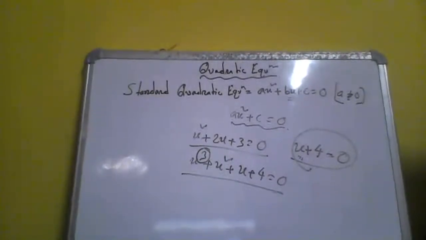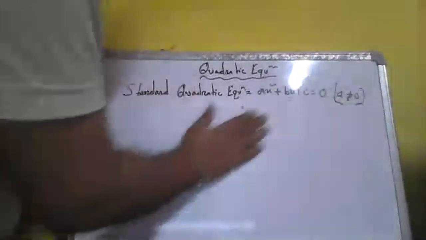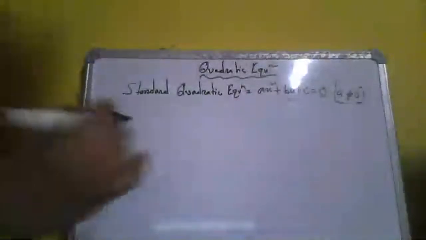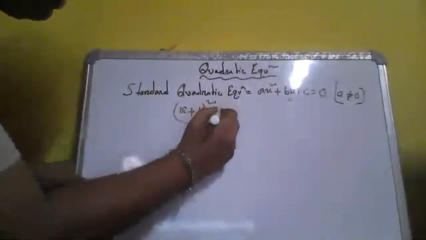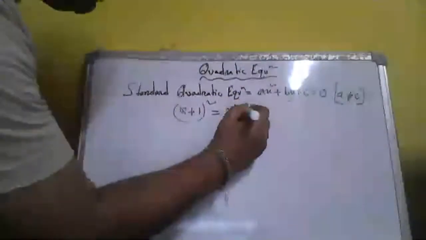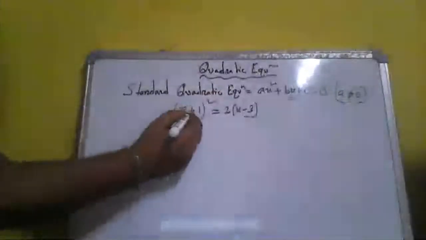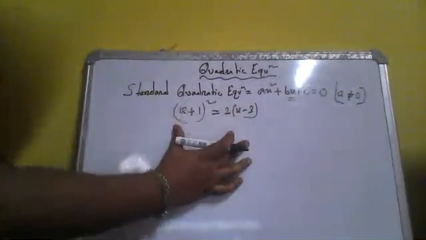Now, suppose one equation is, you can take x plus 1 whole square equal to 2 into x minus 3. Looking at this equation, can you say whether it is a quadratic equation or not? First you split it.